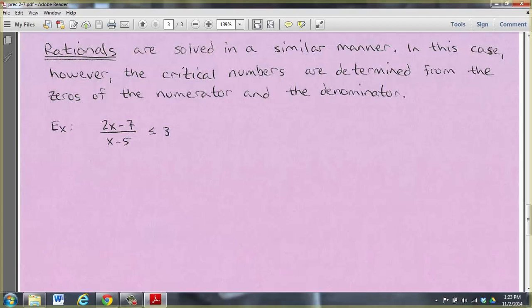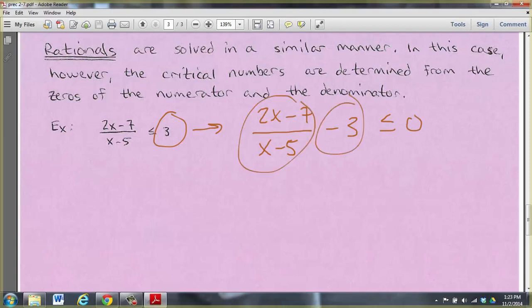Okay, so first of all, we got a problem. We got that 3 over there, so we're going to need to move it to the other side. And again, we have a problem because we have a fraction and a non-fraction. In order to combine those two, we're going to need a common denominator. That common denominator is going to be, of course, x minus 5.